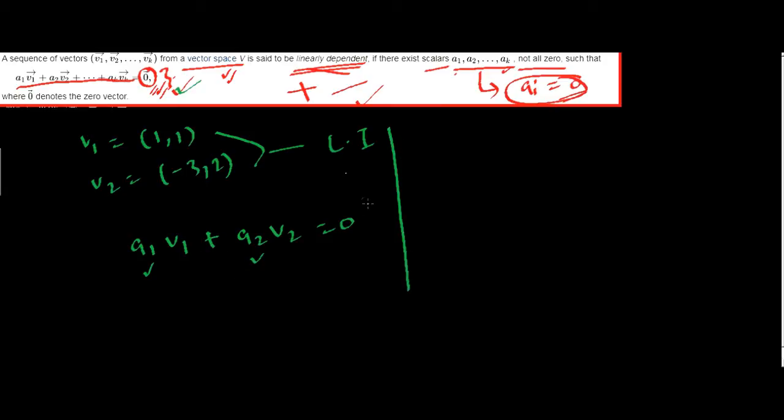There are basically two methods. This will create a system of equations here. We can write it like this: a1 into this vector plus a2 into this vector equals 0.